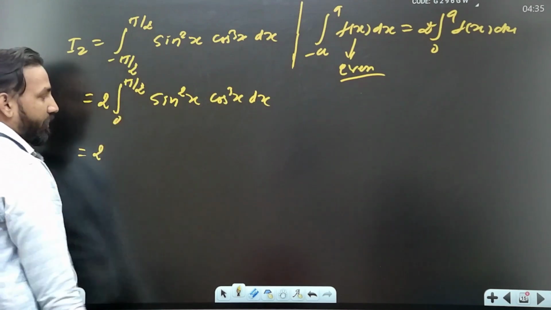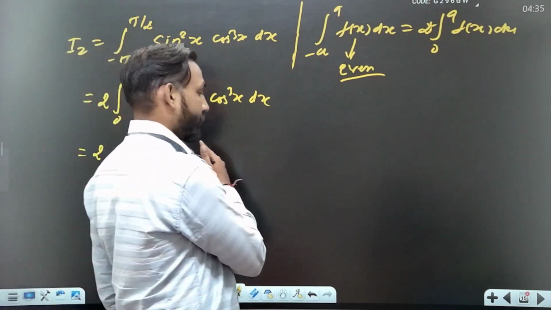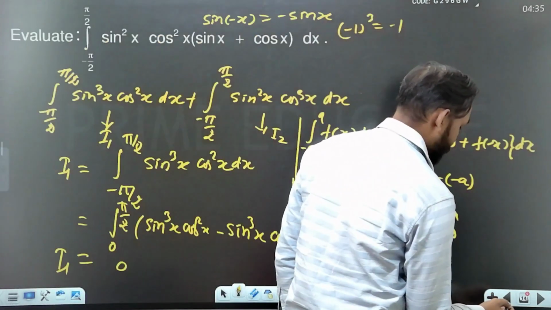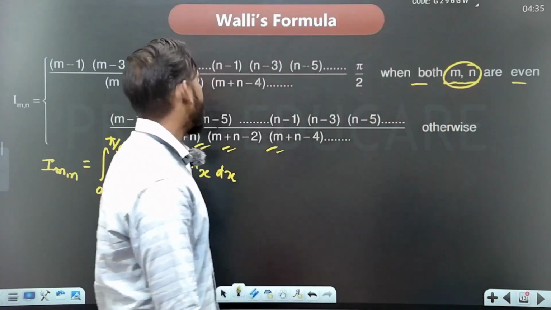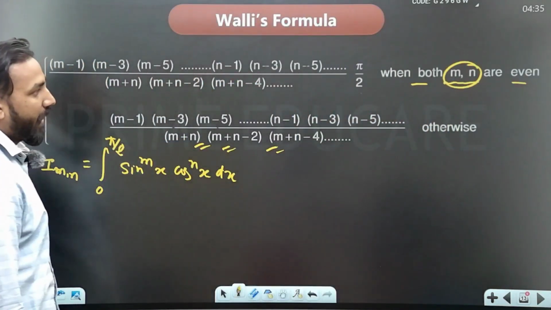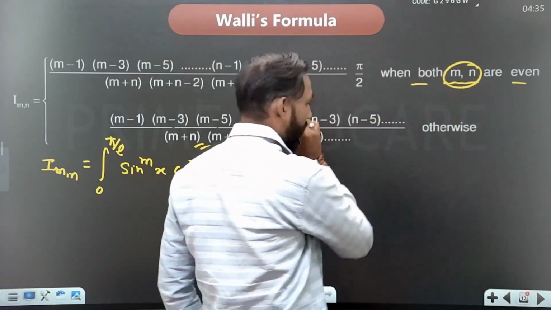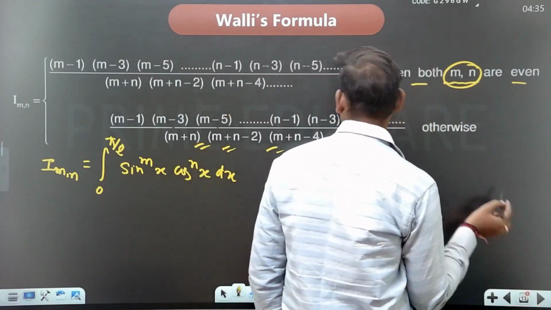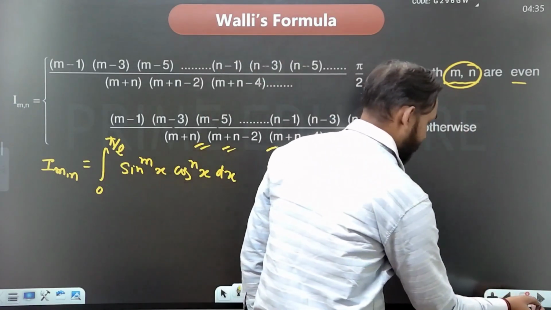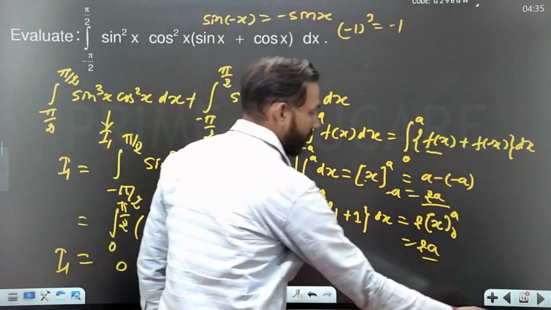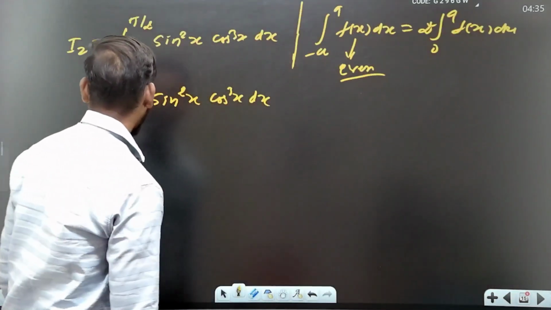Now we can apply Wally's formula here. What does Wally's formula say? If m and n both are even, then we can apply this formula, and otherwise we apply this formula. And what is this? M minus 1, m minus 3, right?